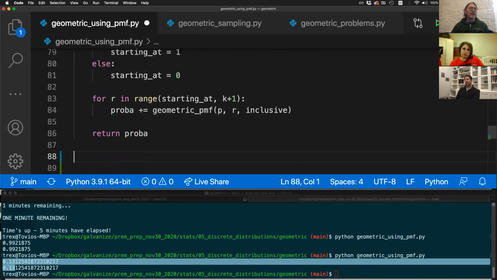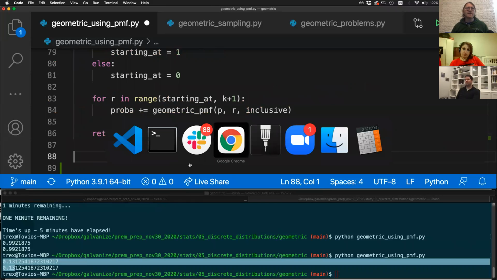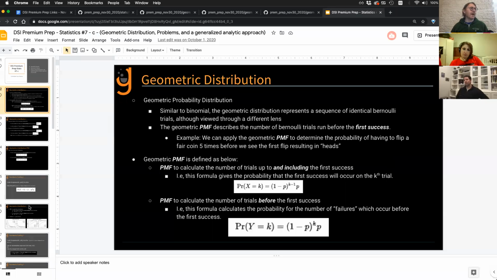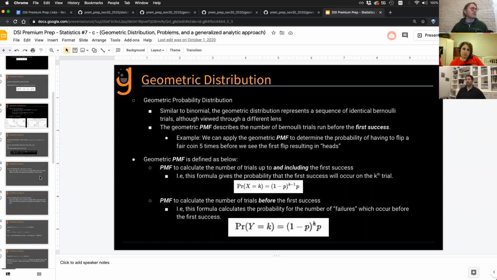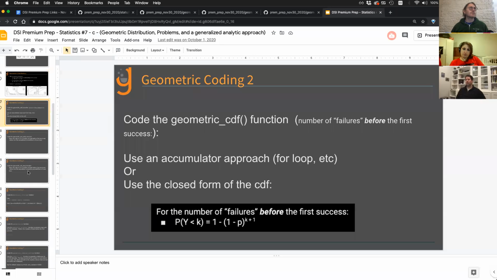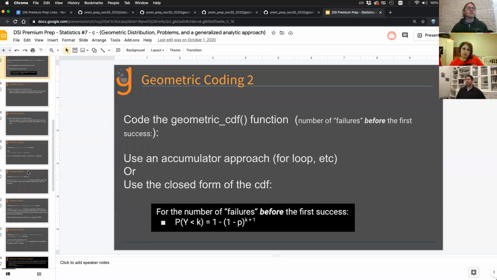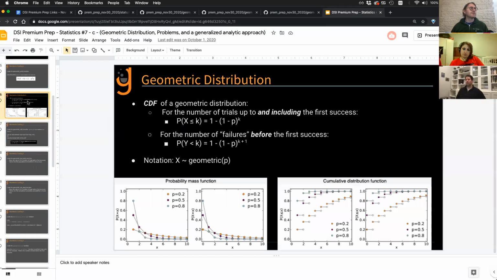It turns out Geometric actually has a closed CDF we can use directly, and let's just take a look at that. Where is it? See if I have a decent representation of it. Oh, not an amazing representation, but this is good enough.